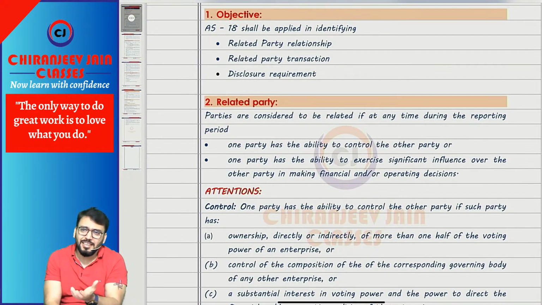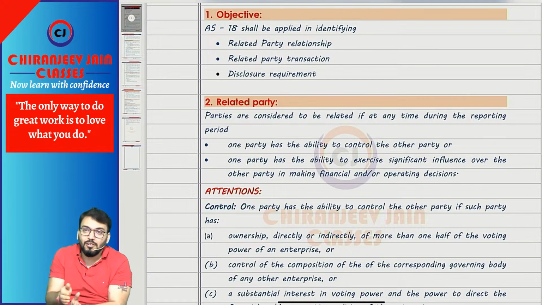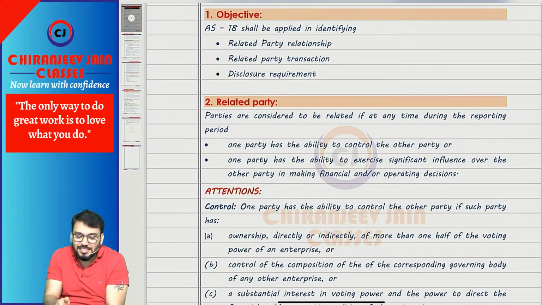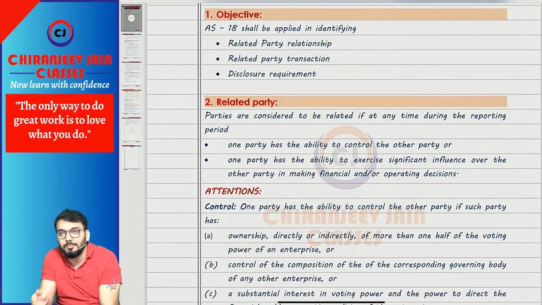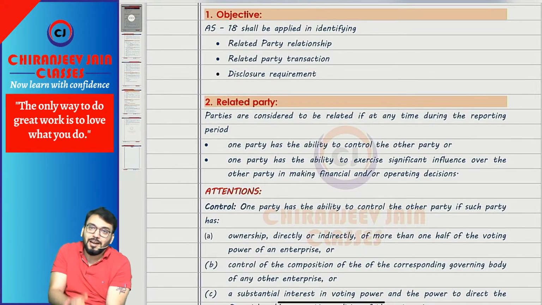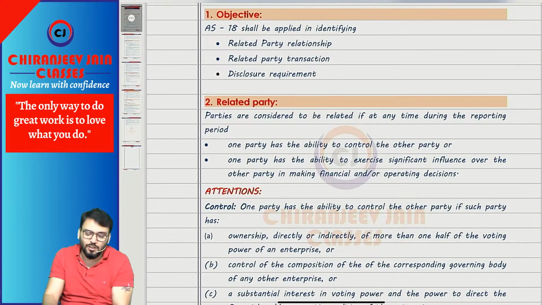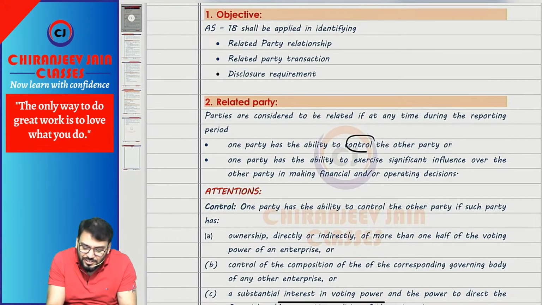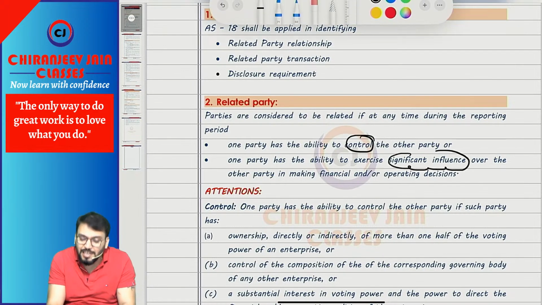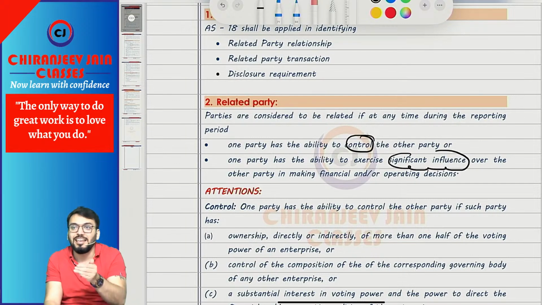AS18 says that parties are considered related parties if at any point of time during the year, one party has the ability to control the other party, or one party has the ability to exercise significant influence over the other party. Now you know the meaning of control and significant influence, because we have done that in AS21 and AS23.